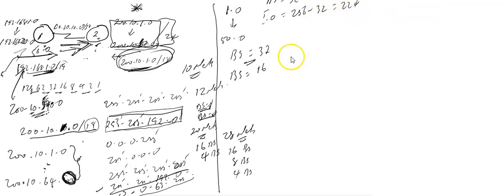Again, don't forget, the summary address is going to be the least address in the range. So if I'm using BS equals 32, meaning capturing the first 32 network addresses, the summary address that will capture all the first 32 network addresses will be what?